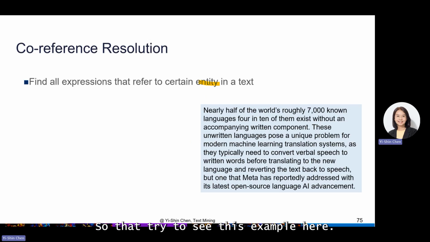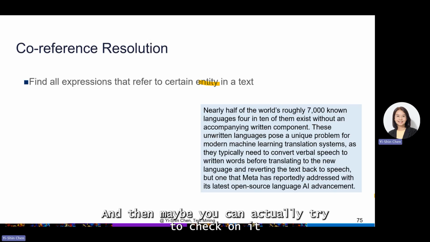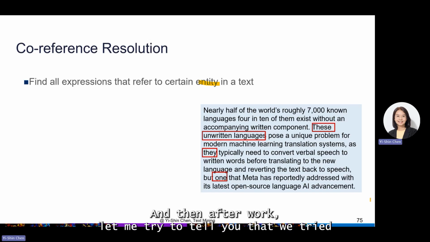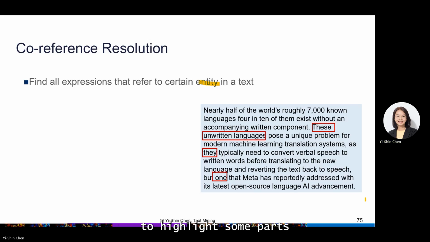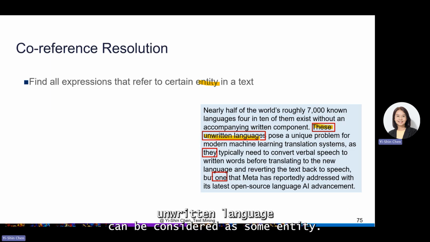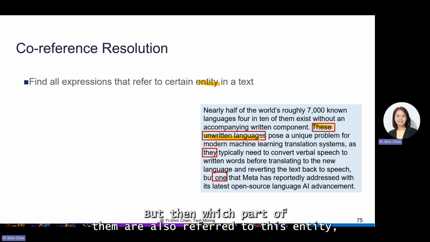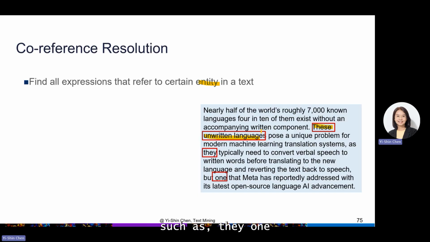So let's try to see this example. Here is a paragraph. Before I talk, maybe you can try to check on it a little bit. And then afterward, let me tell you that we highlight some parts in this text, like right here, "unwritten language." Unwritten language can be considered an entity. But then which other parts also refer to this entity, such as "they," "one," and so many things that refer to it.